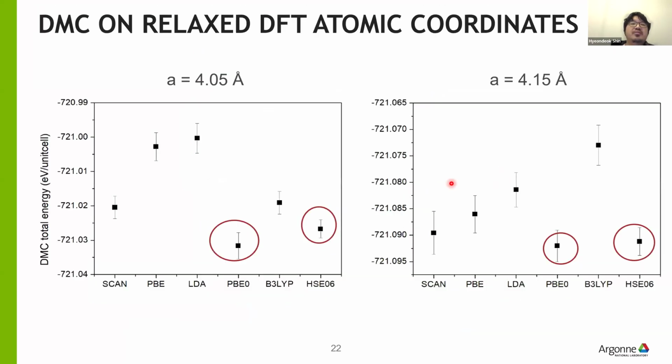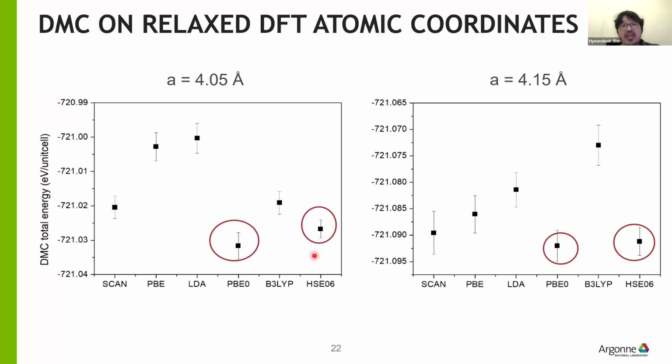So here are quick DMC calculations on the different atomic coordinates with different lattice parameters. We start from the geometries for SCAN, PBE, LDA, PBE0, B3LYP, and HSE. They are well-known exchange correlation functionals. We see that PBE0 or HSE shows lower DMC energies for some selected lattice parameters.